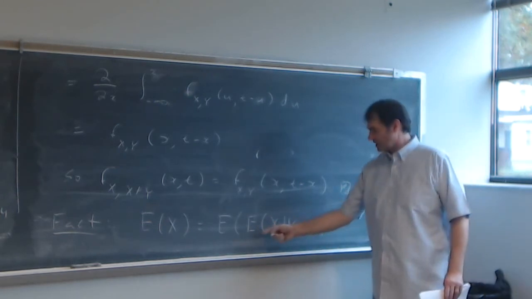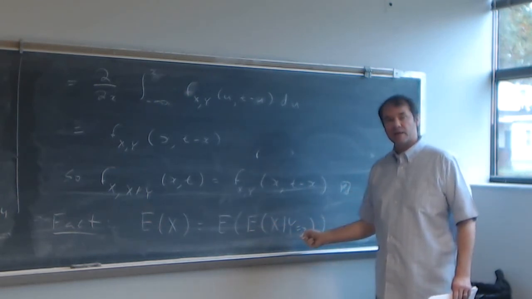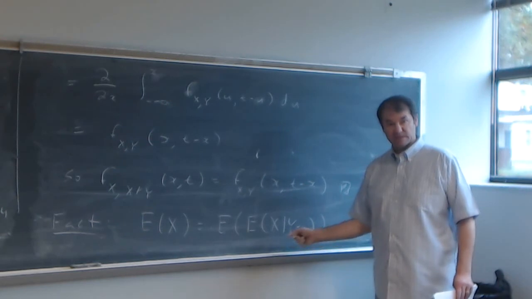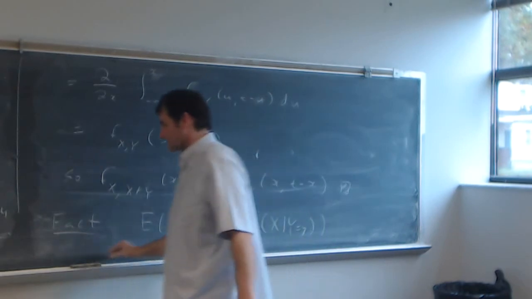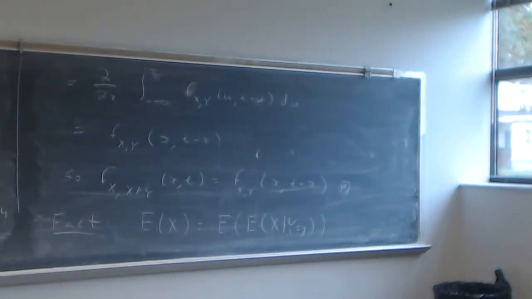Remember, the conditional expectation of X given Y is a random variable that's a function of Y. So if you take the expected value of that, you get the expected value of X. Let's prove that. We'll prove it in cases. We'll partially prove it. I'll do one case and leave the other case to you.